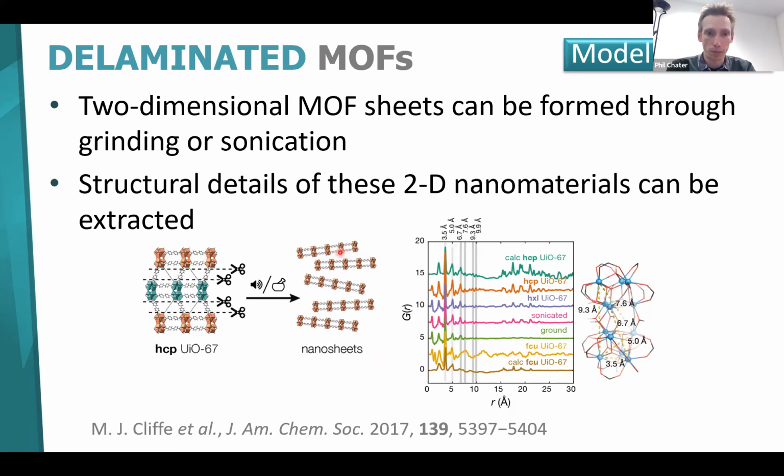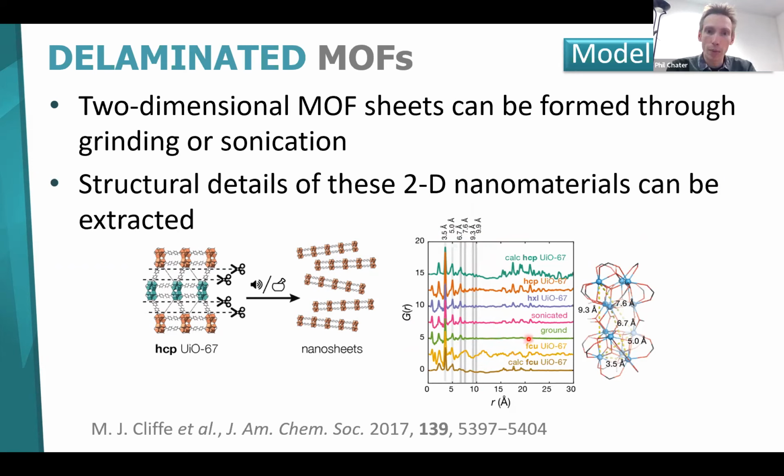But they wanted to know how much of the crystallinity is preserved. And here again, just through simple model building and comparison, they could see which features from the layer system were preserved as they did different types of sonication and different types of mechanical separation.